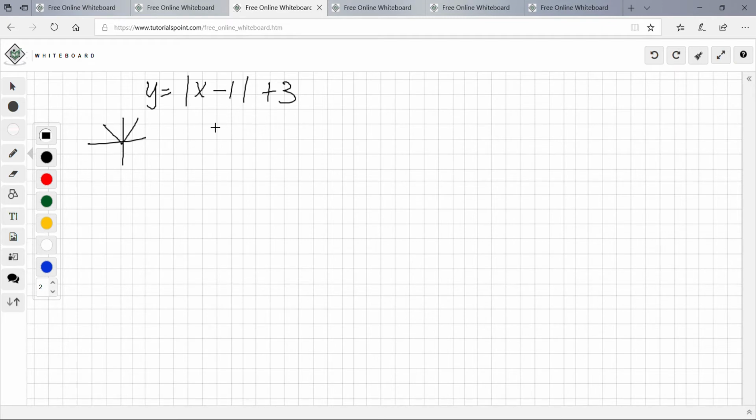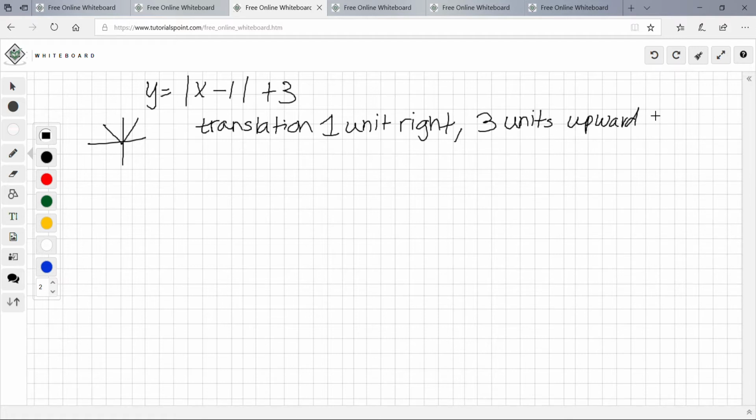So it's a translation 1 unit to the right and then 3 units upward. This is the y-axis, and this is the x-axis. And then we could call that the vertex of (1, 3).